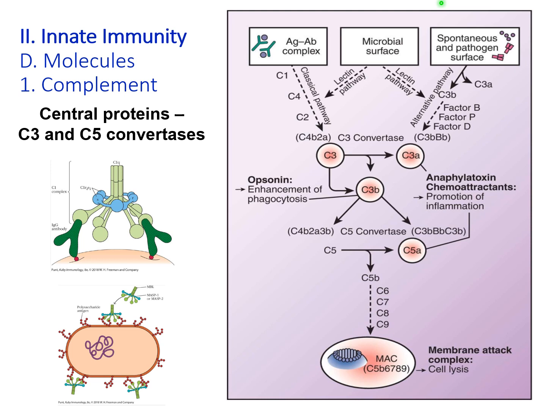In the classical pathway, antigen antibody complexes bind C1. This forms a connection between innate and adaptive immune response. Activation of this C1 leads eventually to the formation of C3 convertase, which catalyzes conversion of C3 into C3a and C3b.